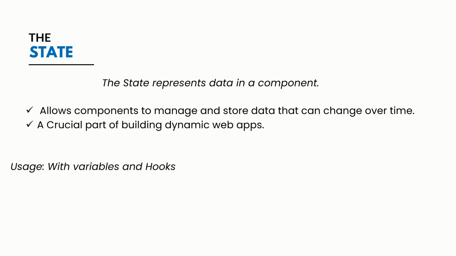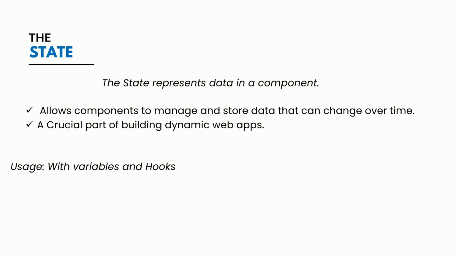So let me move on to the usage. We can use the state with variables and with hooks. Hooks are predefined features inside React. If we use the state with hooks, React will identify the update. Once we update some state, React will identify that and update the DOM directly.